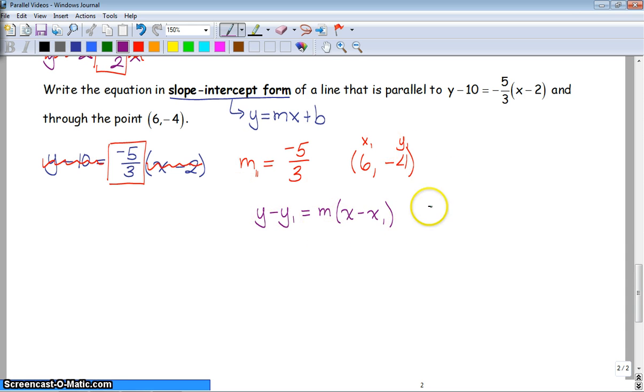Plug all of this information in. That's why we label this x1, y1. y minus negative 4, so y plus 4, equals your slope, negative 5 over 3 times x minus 6.